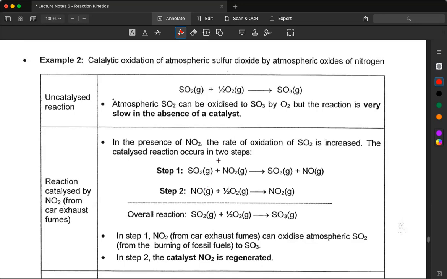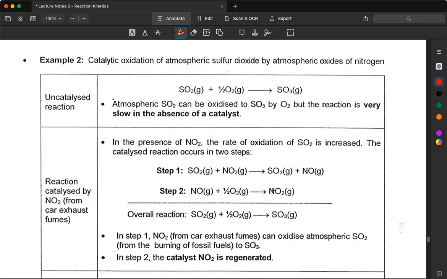So SO2 first reacts with NO2 to form SO3 and NO. And this NO is involved in step 2 to react with the other reactant. So the catalyst attacks one reactant first, and then in the second step it attacks the other reactant, and they form NO2. So in the overall equation, NO2 is regenerated, so it's not in the overall equation.